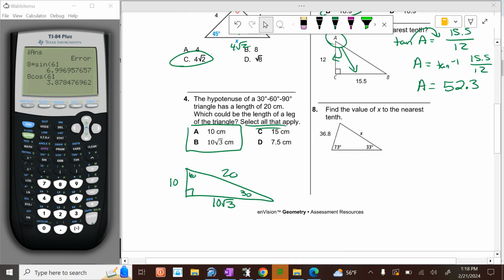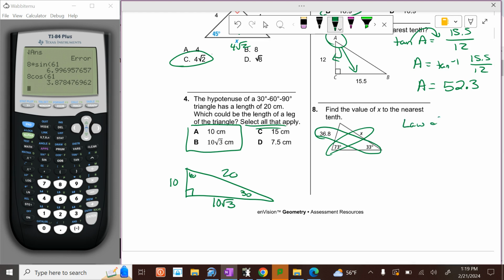Finding value of x. Do you have any 90 degree angles in here? No, so you can't use just normal trig. But we have opposites. And when we have opposites, we use the law of sines. So it's a sine of 33 over its opposite side, 36.8, equals a sine of 73 over its opposite side, x.